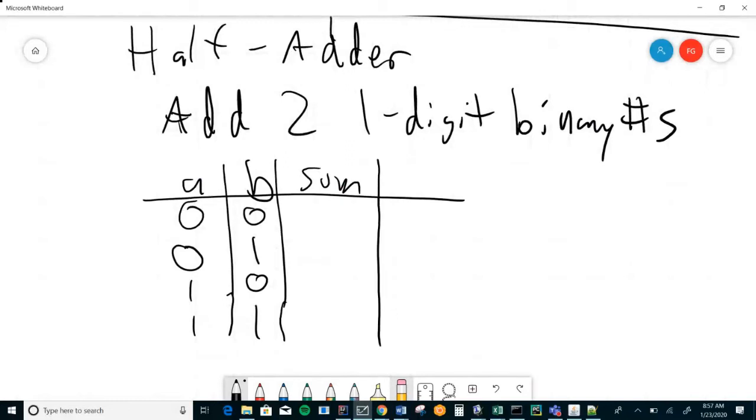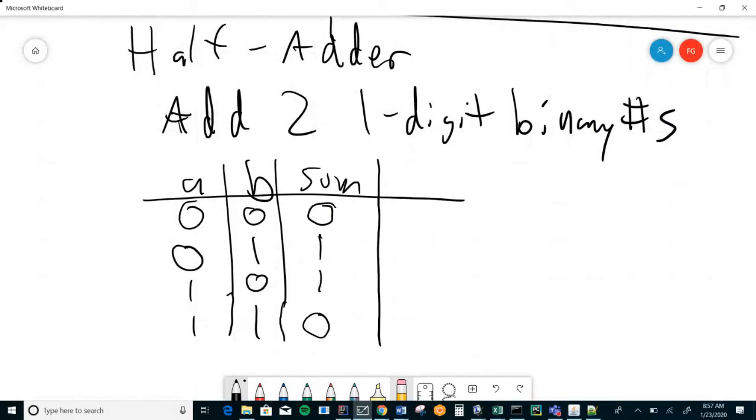First thing we're going to think about then is the sum of the bits. So what's 0 plus 0? What's 0 plus 1? What's 1 plus 0? What's 1 plus 1? Trick questions too. Well, anyway, as a 1-bit output, 1 plus 1 is 0.